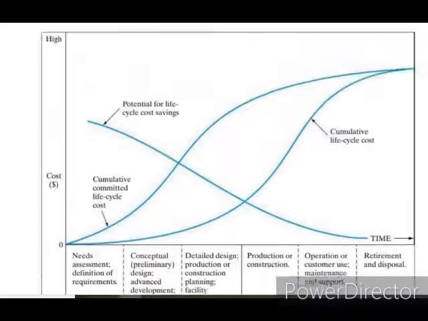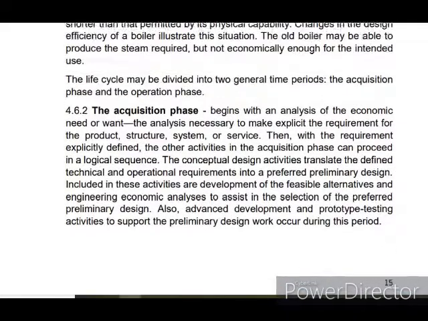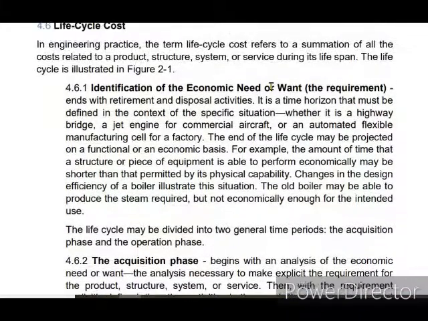Okay, first let us analyze it. So identification of the economic need or want, the requirement. Okay, so this is a requirement. It ends with the entire retirement and disposal activities. Why? Because an economic need or want arises from retirement and disposal activities.